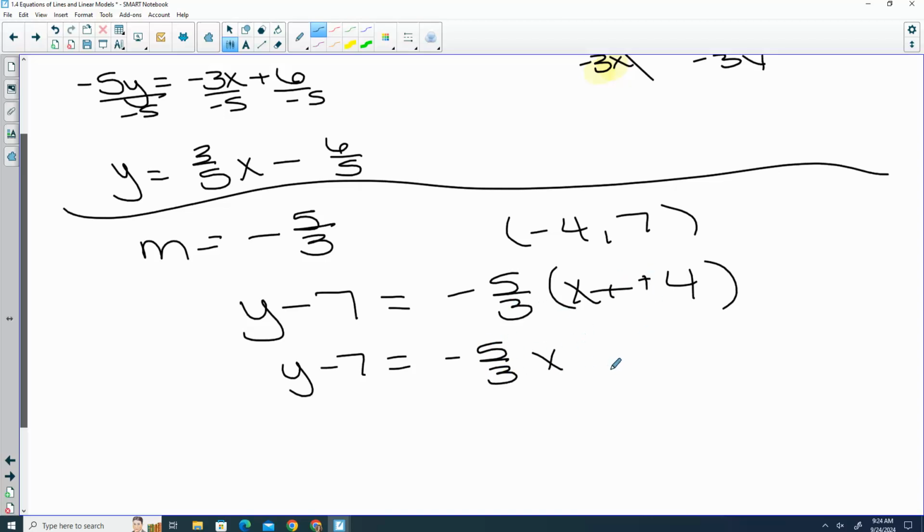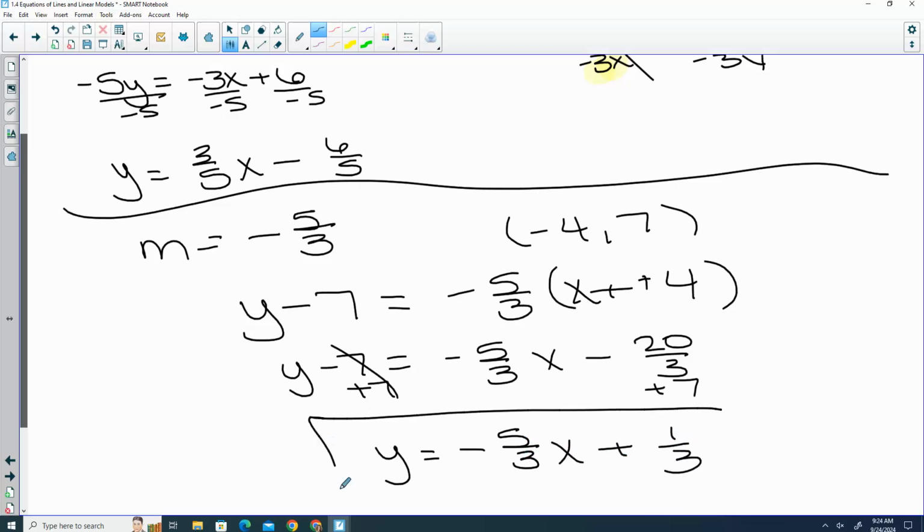You distribute, minus 20 over 3. Add the 7. So we have negative 5/3 x plus 1/3 for our final answer.